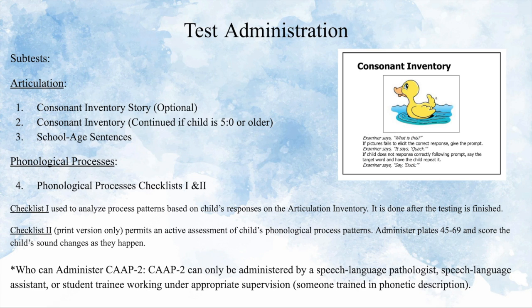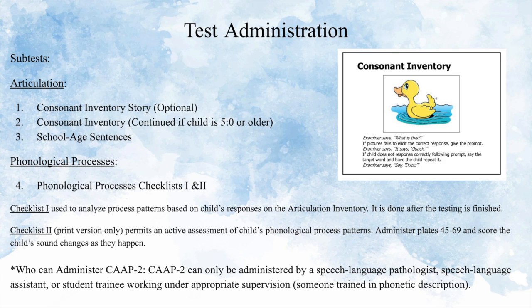And then phonological processes, checklist 1 and 2. After getting your articulation scores, you'll then use that to analyze processing patterns seen and apply them to checklist 1, whether you think the child demonstrated those processes, and then if they did, you'll mark that down.